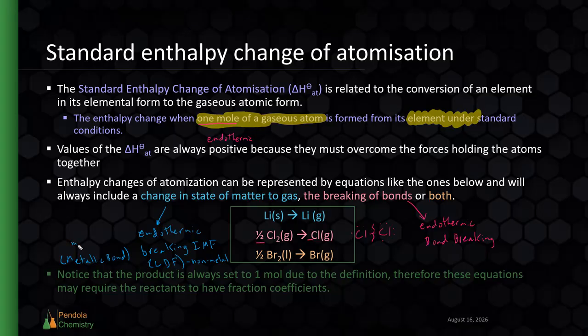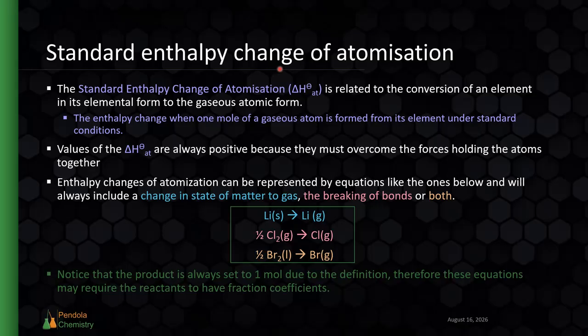So it's breaking intermolecular forces for non-metals, which are going to have London dispersion forces, or in the case of a metal like lithium, we're breaking the metallic bond in that metal lattice, right? So that's the standard enthalpy change of atomization.